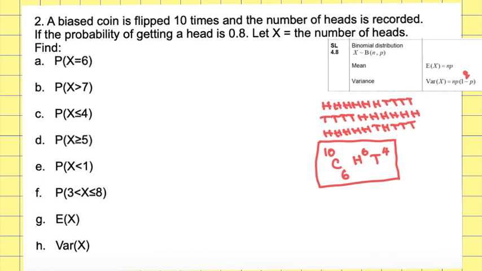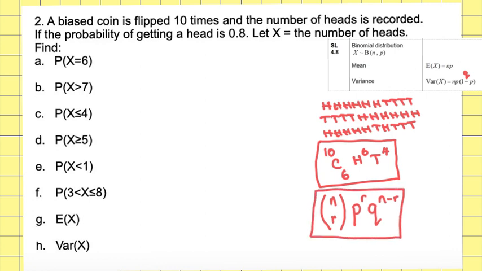If I wrote that formally as a formula, I would get n choose r, p, which is success, to the power of r, q, which is failure, to the power of n minus r. And that is the formula for calculating the probabilities of a binomial distribution.